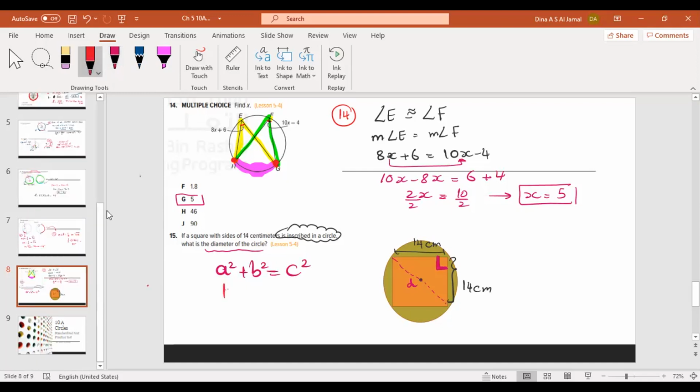I have the sides and I'm just missing my diameter. So if I substitute, I will have this answer. And of course, after taking the square root, you will have a negative and positive value. You will just take the positive value and it will be 14 square root of 2 centimeters. And this is your diameter.